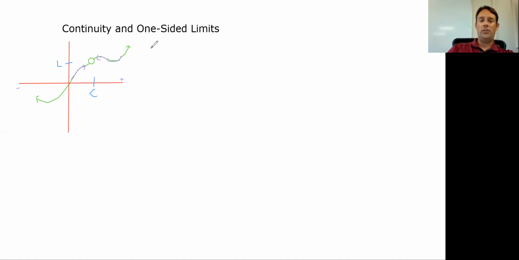Now we say that this limit exists when we'd say that the limit as x approaches c exists. I guess I probably should have labeled that green graph as being f of x.